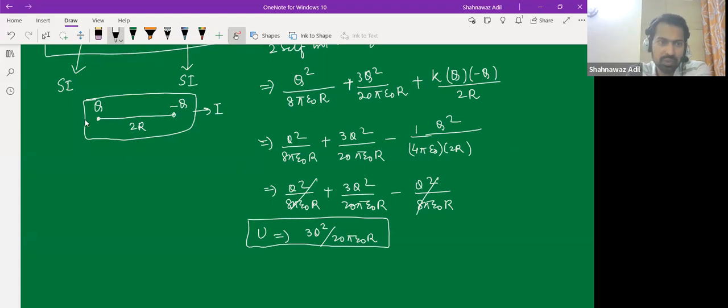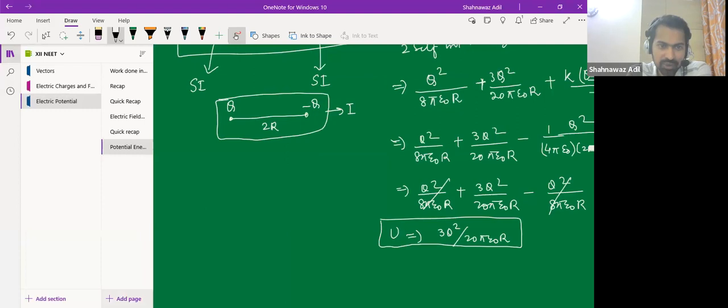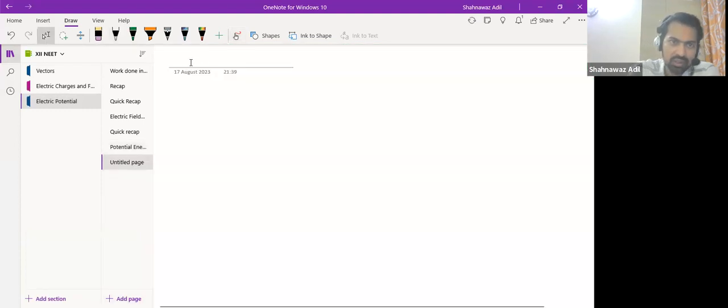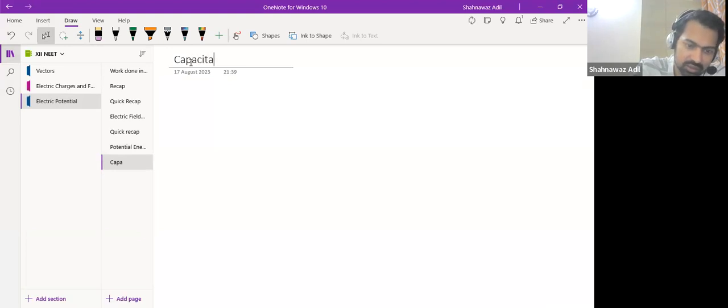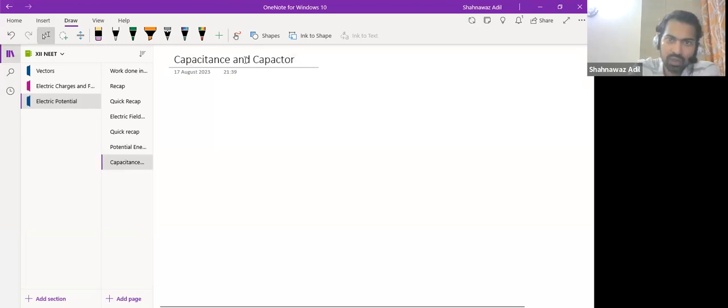Okay, so now let us start the new topic, which is capacitance and capacitor.